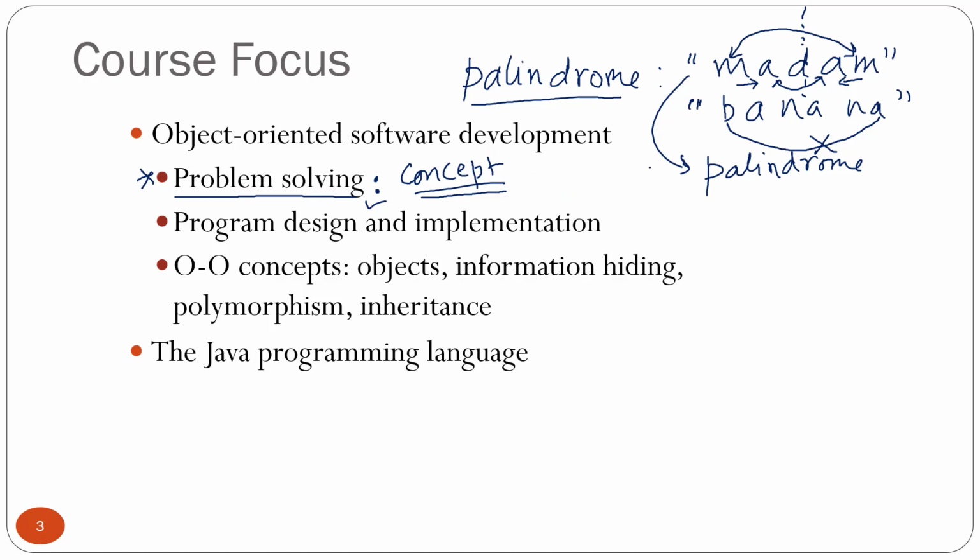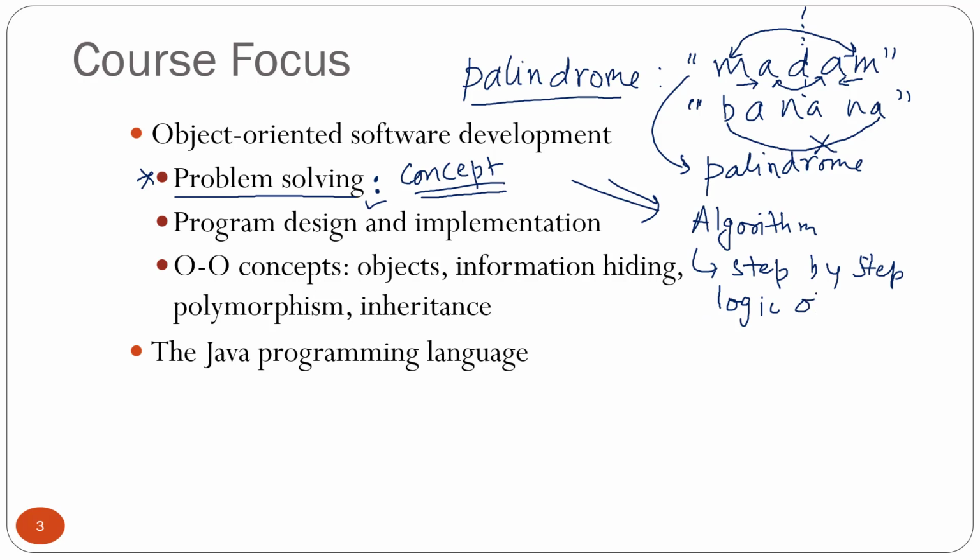After you have developed this logic of solving a problem, you should think of writing the algorithm, which means having some step by step logic of solving the problem. You know how to solve that as a human being, but ultimately you have to write a program so that the computer can do it for you.